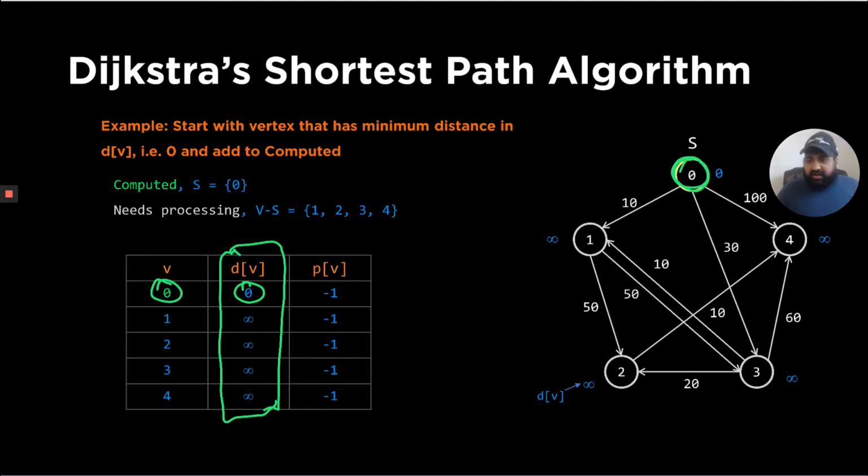Another thing to note is, for the sake of simplicity, all these blue values here, I've just copied the numbers in dv here because it's easier to calculate once you are doing this in the exam, or if you are just trying to practice these values. So these values are just the dvs, which are there in the table. So we start with the vertex that has minimum distance and we move that to computed, or we are still processing them.